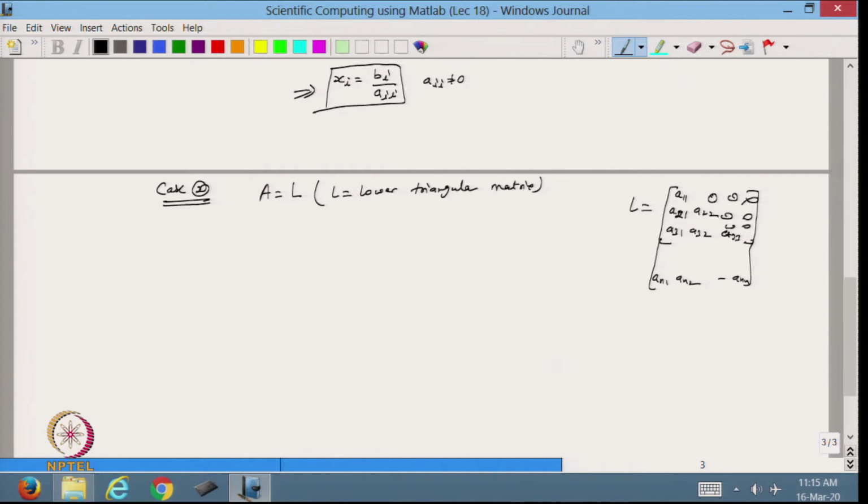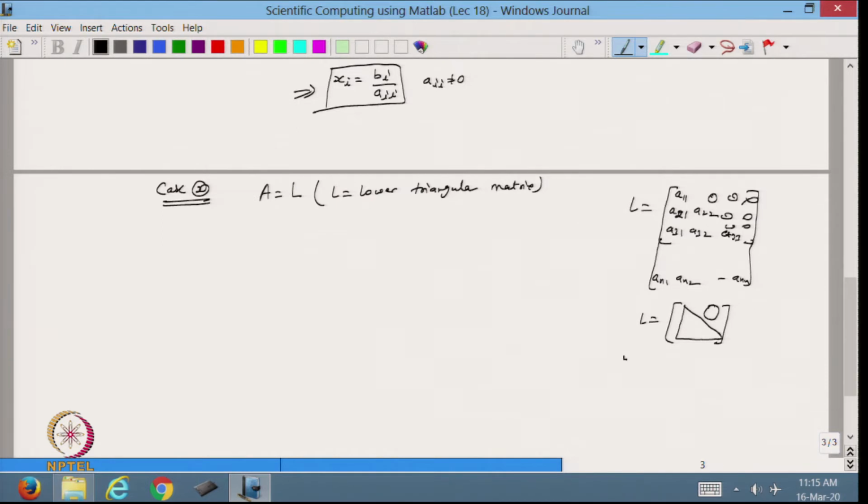If you see, these are the values of the elements in the matrix, and all the elements above the main diagonal are 0. So, this is a lower triangular matrix.